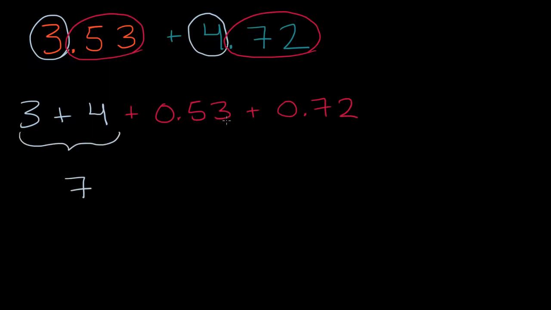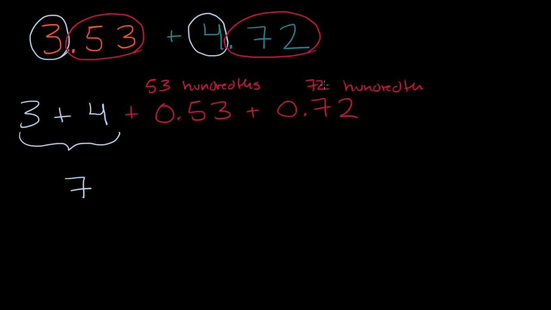But what is 53 hundredths plus 72 hundredths? Well, what's 53 plus 72? Well, 3 plus 2, let me write it this way. This is 53 hundredths, and this is 72 hundredths.